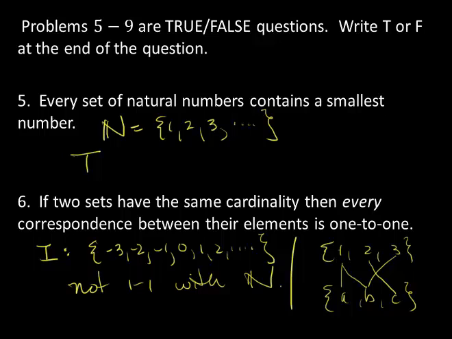When we say that two sets have the same cardinality, we mean that there exists a way to make a 1-to-1 correspondence between their elements, not that every single correspondence is 1-to-1.